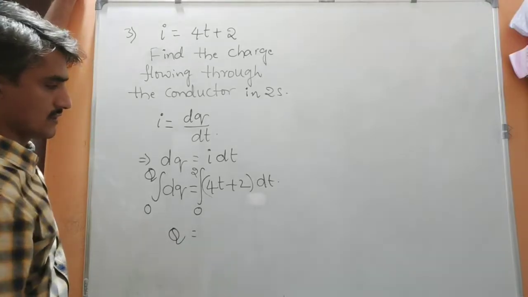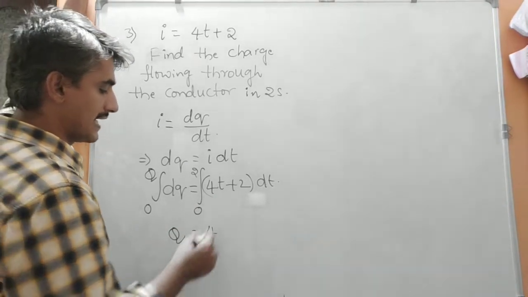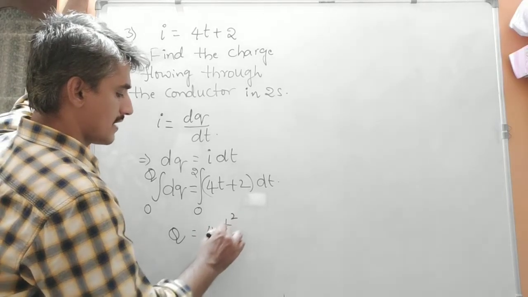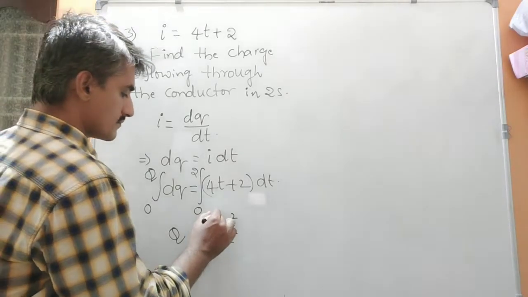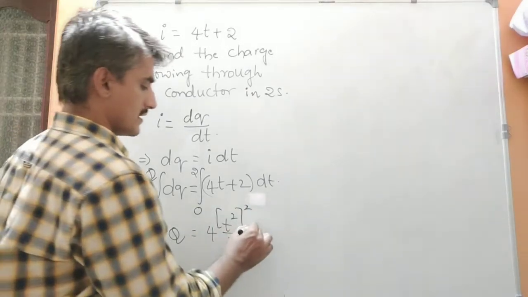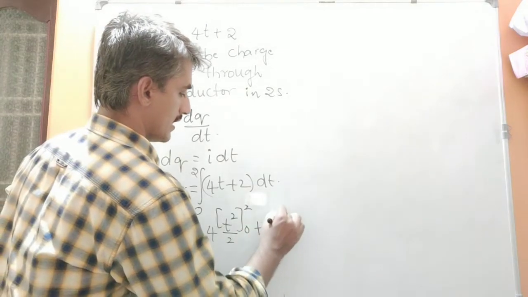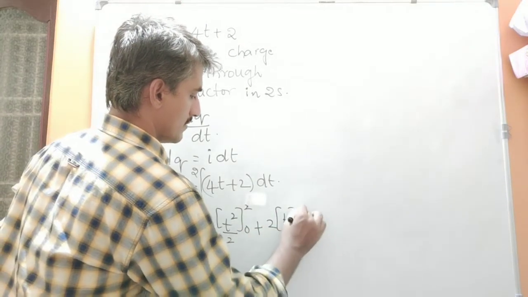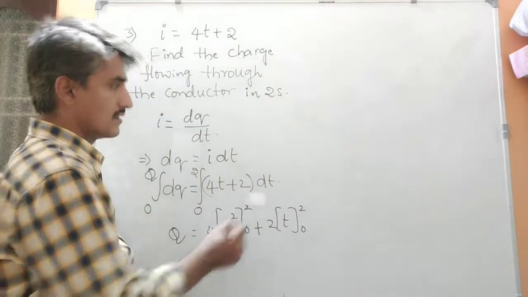That q is equal to 4 into integration of t dt, which is t square by 2, with limits from 0 to 2. It's a definite integral. Plus 2 into t, limits from 0 to 2 here. Understand?